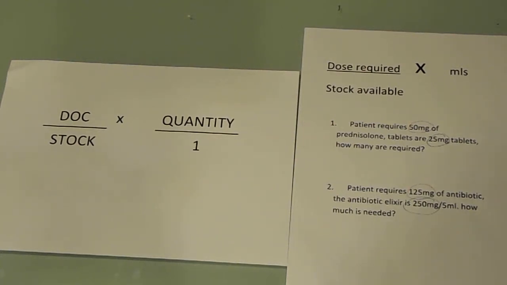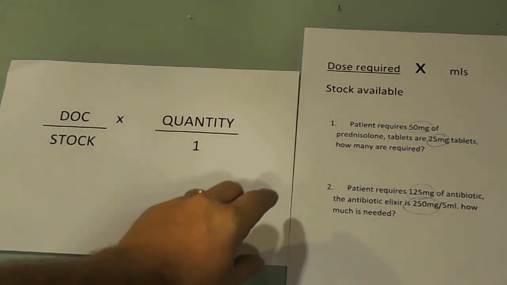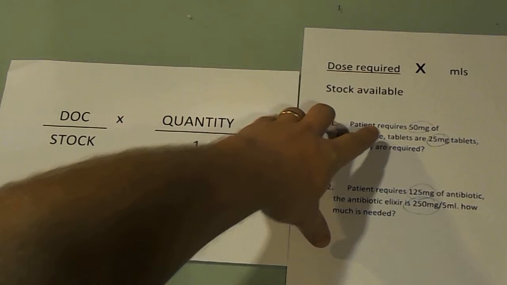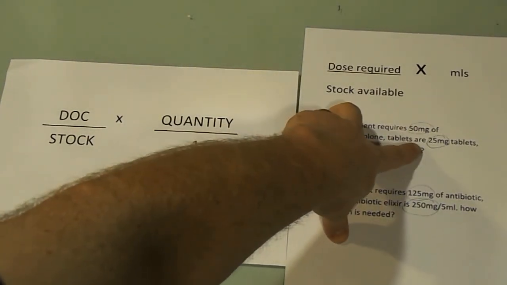Here are a few examples. Number 1, but at this stage, you would have looked at the doctor's orders, assessed what the drug is, whether the drug is still appropriate, and why it's being ordered. It's probably worth underlining the two amounts of drug asked for, and checking whether they are both in the same unit, as highlighted here.